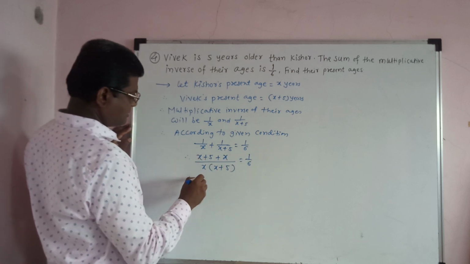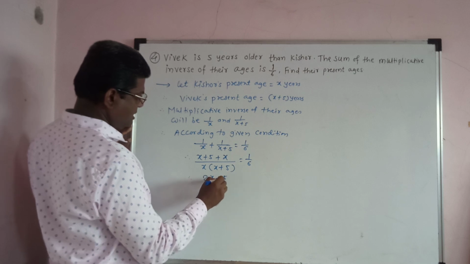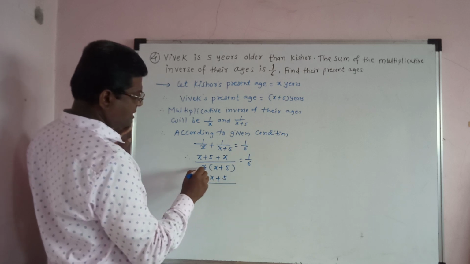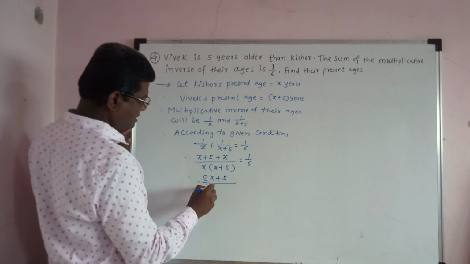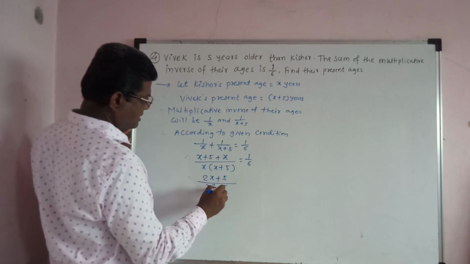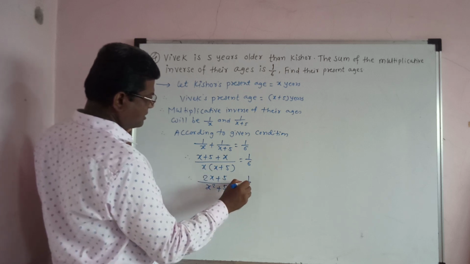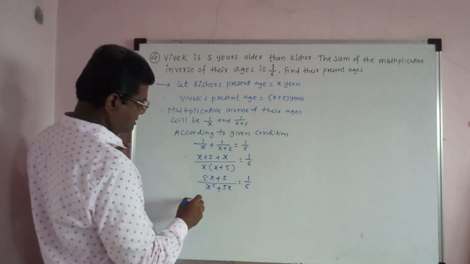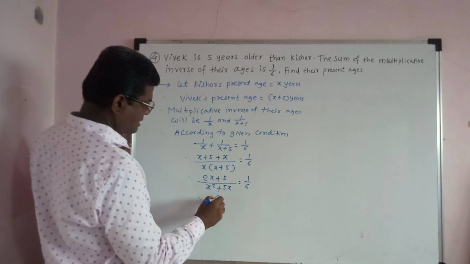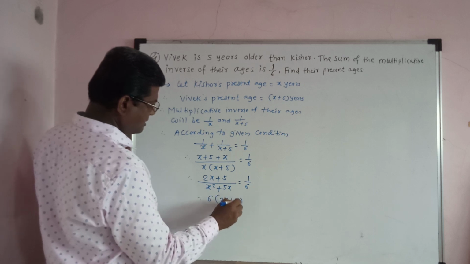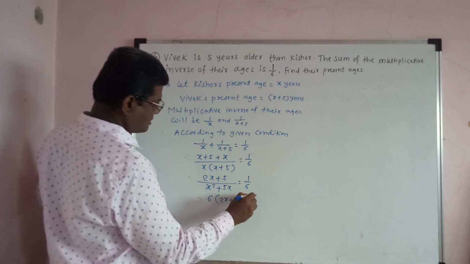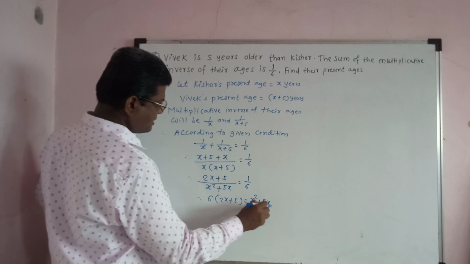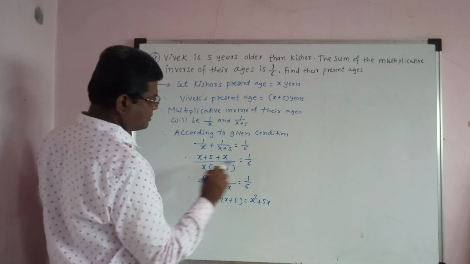Therefore, x plus x, 2x plus 5, upon x square plus 5x is equal to 1/6. Now cross multiplication. 6 in bracket 2x plus 5 is equal to x square plus 5x into 1.